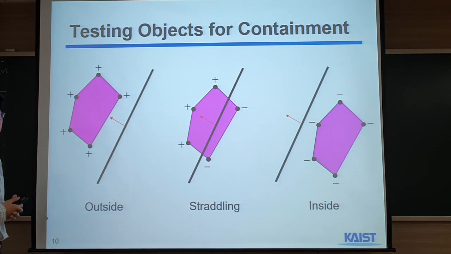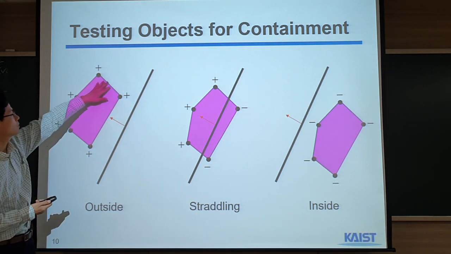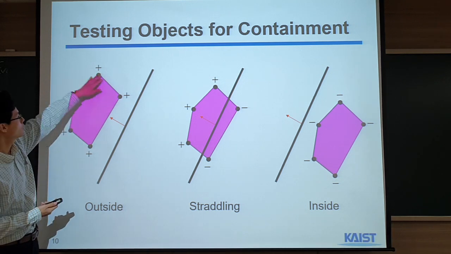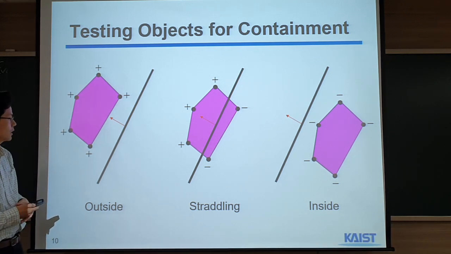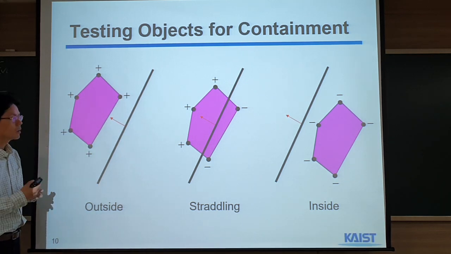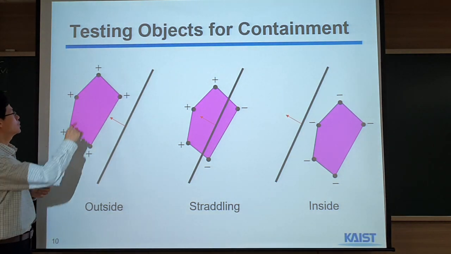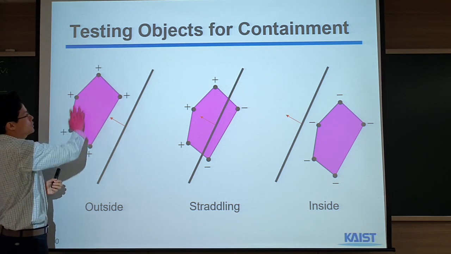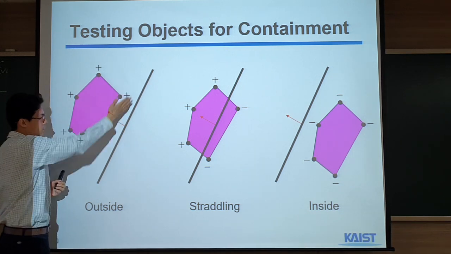Let's see how we can utilize this line concept for culling and clipping. Suppose you have this kind of polygon consisting of 1, 2, 3, 4, 5 vertices, right? And this is your clipping line. One simple method is to check every vertex of this polygon against this line.